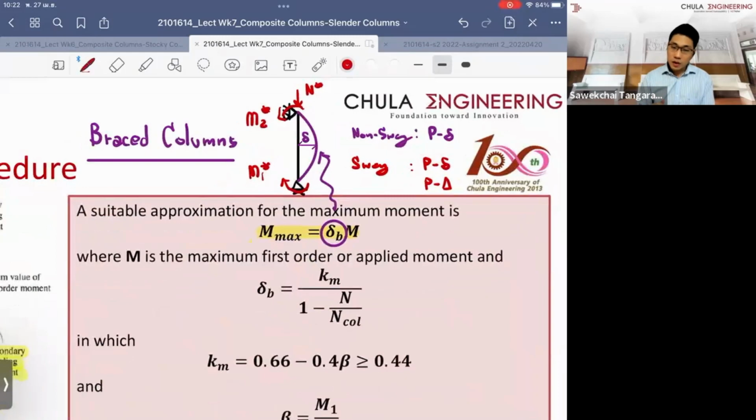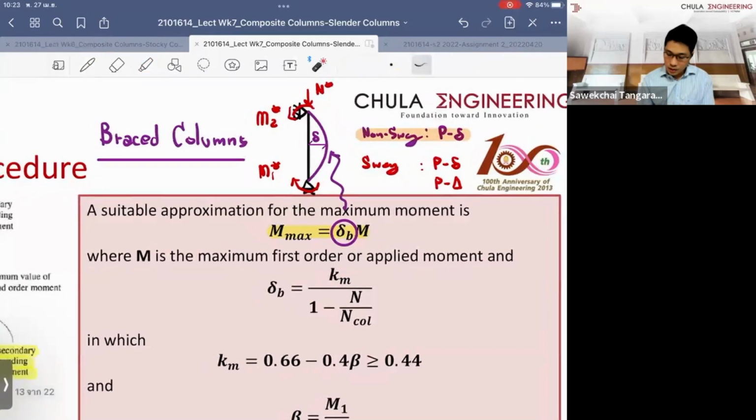That's why if you look into the concrete code, they have other factors multiplied to the axial force as well, but we don't consider this because in our discussions here, we are discussing the non-sway columns, right? So that's why we only consider the parameter delta-b.